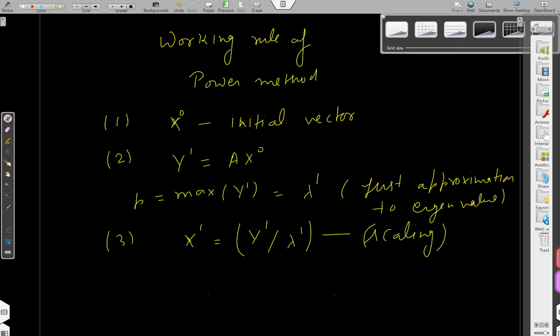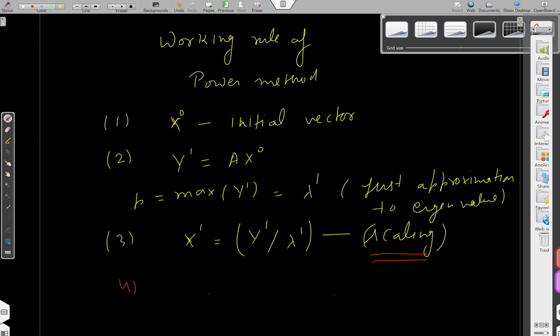This is the important step that I discussed previously, that at each and every step we will apply scaling. So lambda 1 is the maximum value in y1. We divide the whole vector y by the maximum value. So the maximum element in x1 now will be 1.